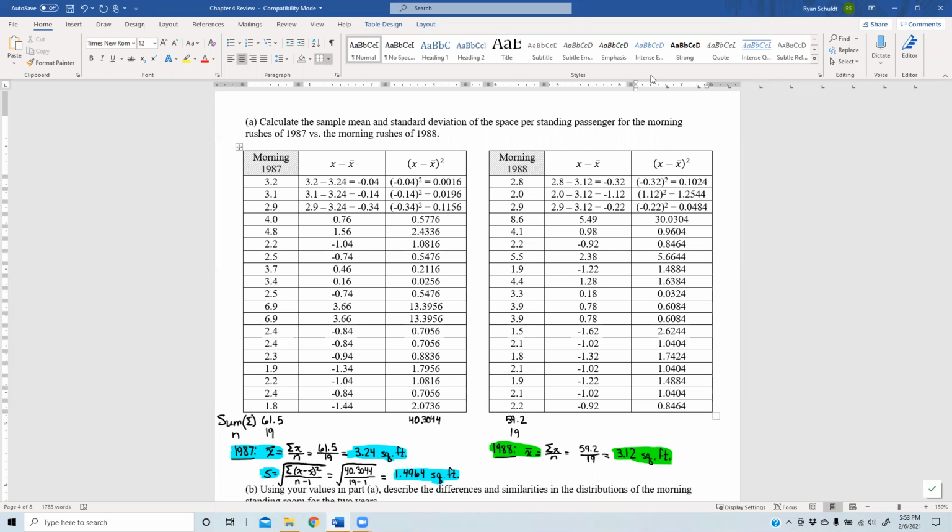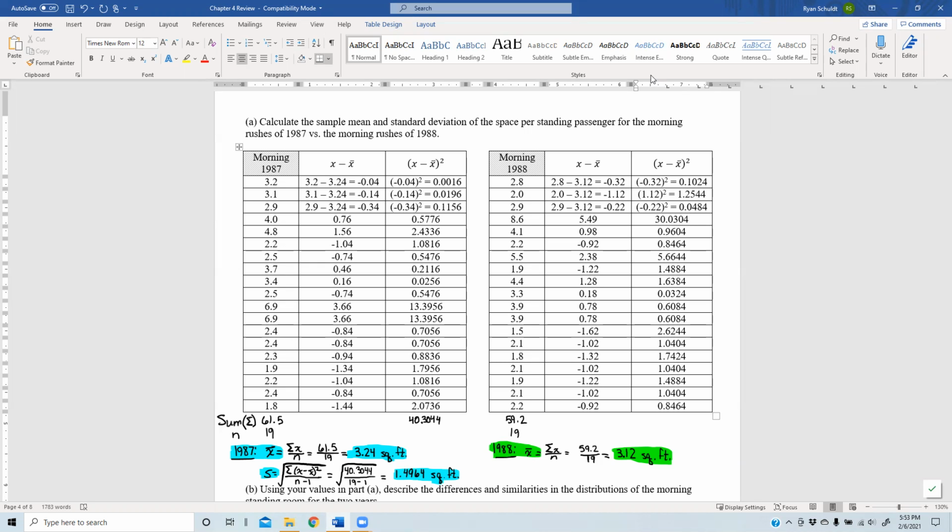Okay, so now this one is all filled in. We have all of the tabular calculations done. So we've got to do the same process that we did for 1987.